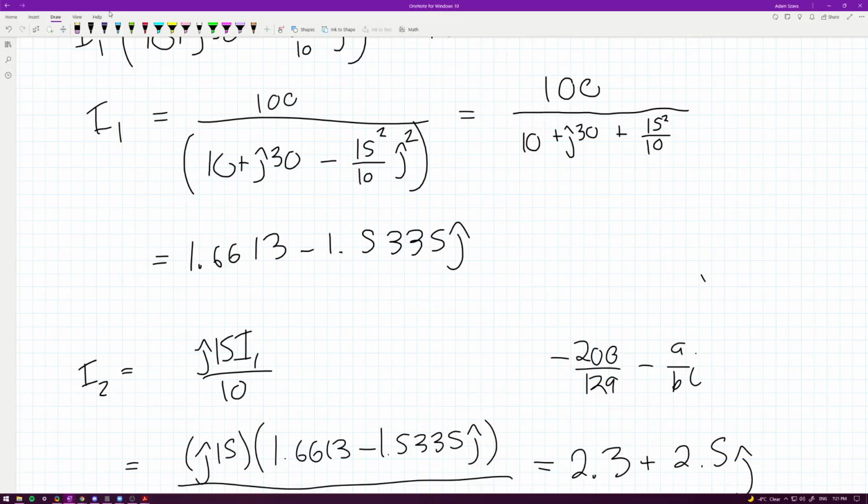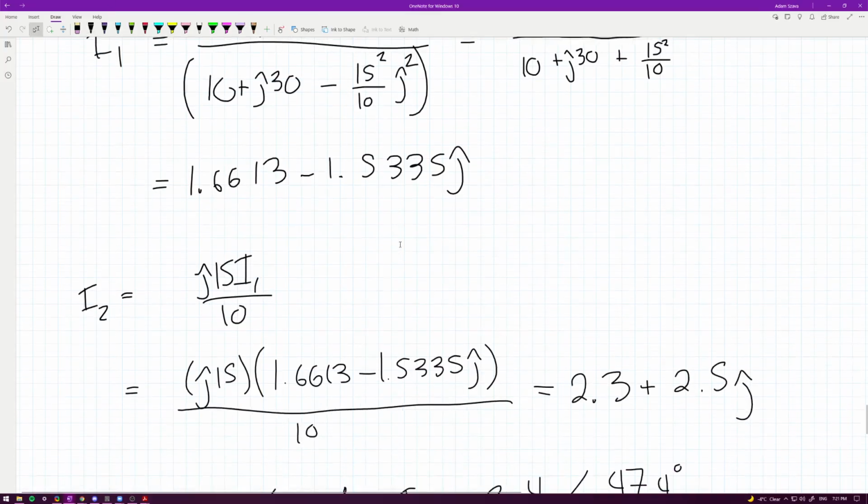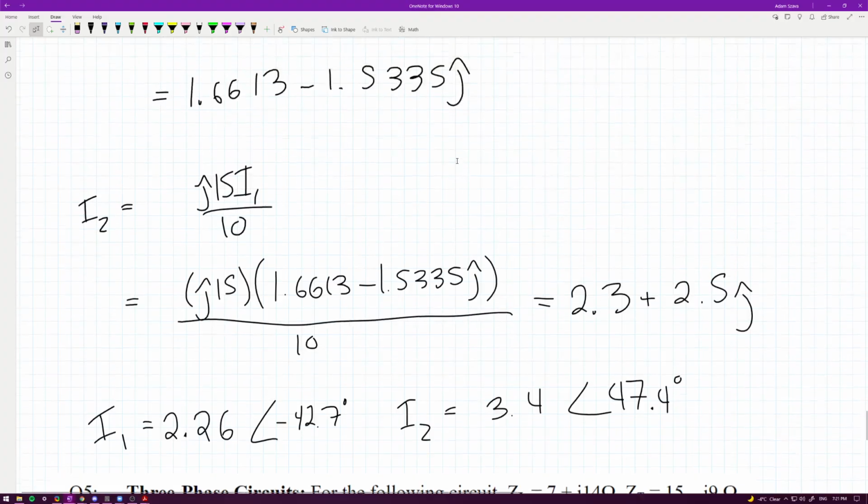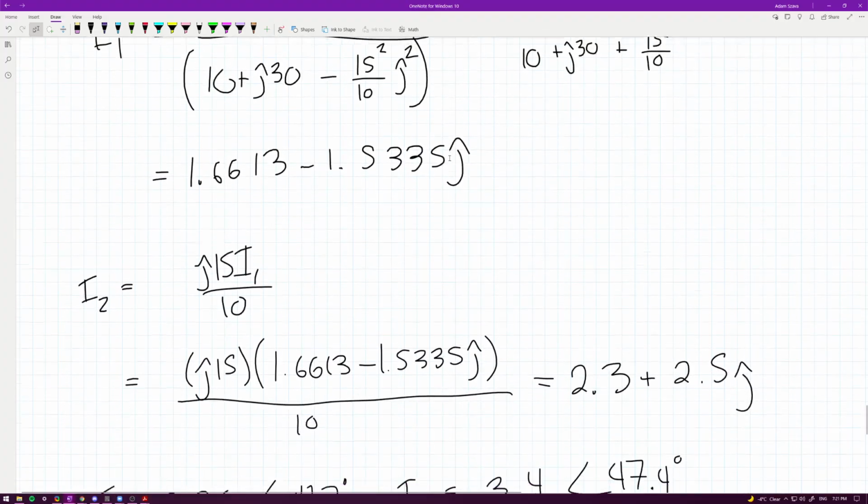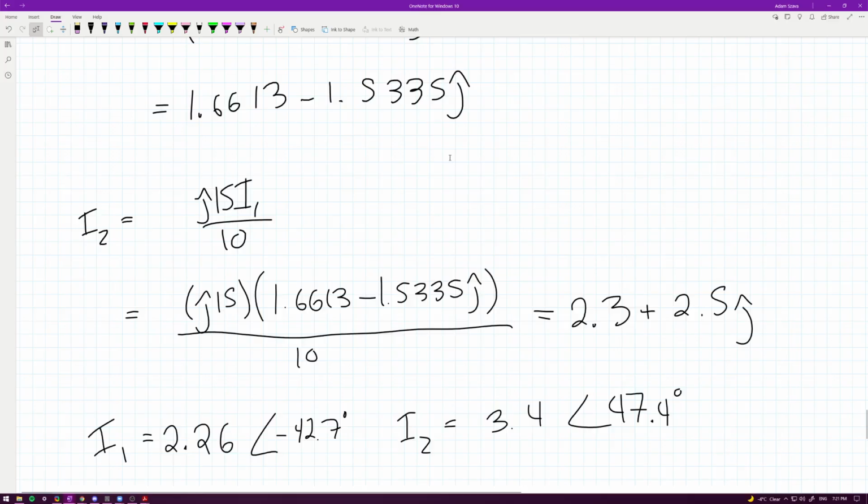How did you convert it to polar form though? Did you just use your calculator? Yeah, I just use my calculator. Because I'm getting something different. For I2, I get 132.7. I have the same 3.39, but the angle is different.